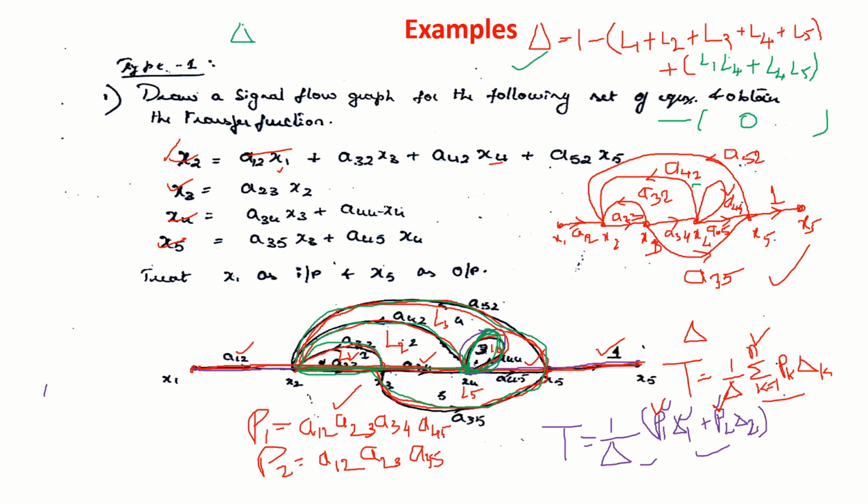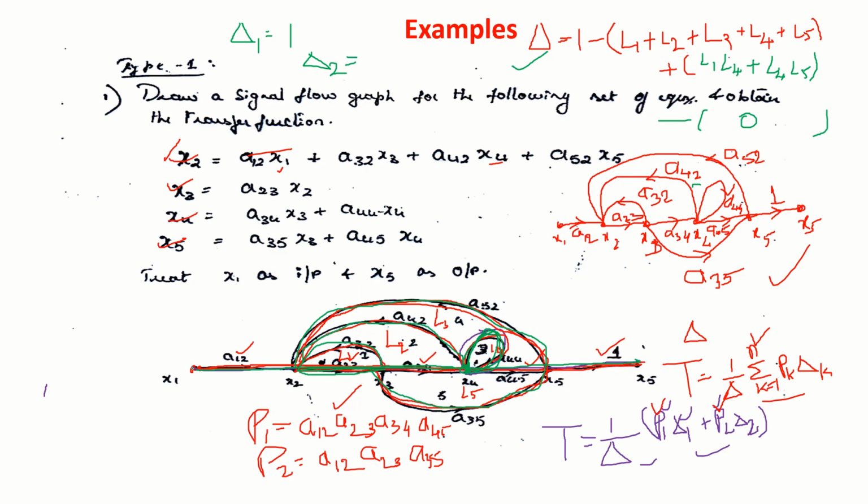Next, let us find delta 1. It is that part of delta which is not touching the given forward path. So you take this forward path. You can see that all loops are touching this forward path. So this part will become 0. So it is simply 1. You take delta 2.